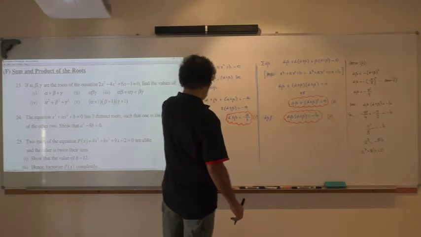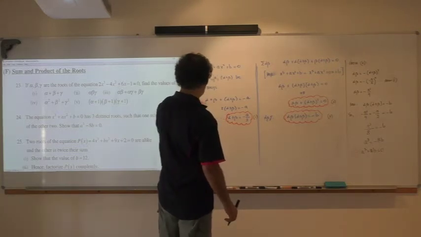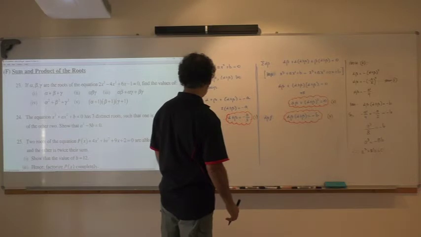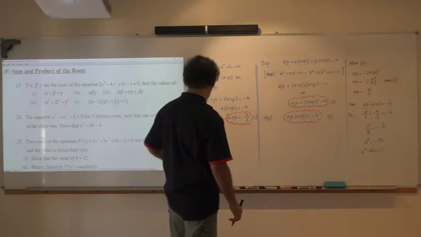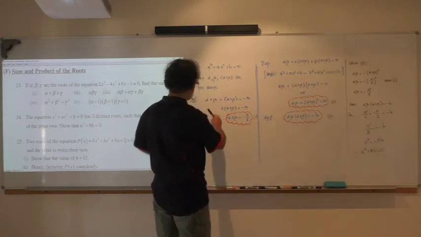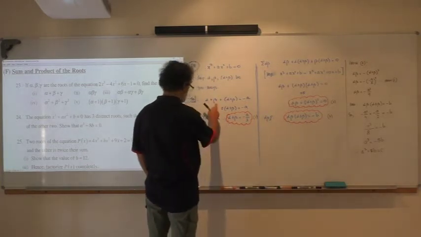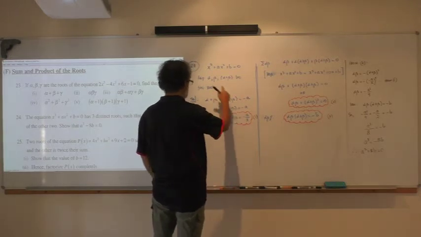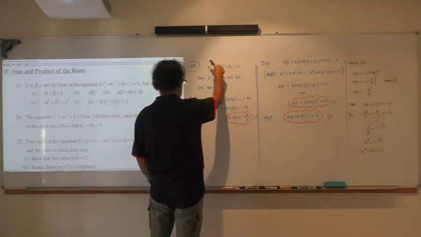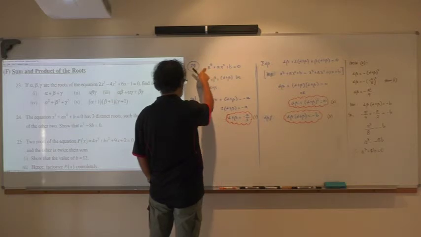Okay, let's start from the beginning. So when you do this, the formula says that when you add them together, so when you do alpha plus beta plus gamma, the answer is going to be minus whatever you have in here on a.